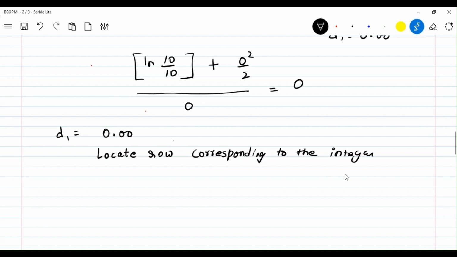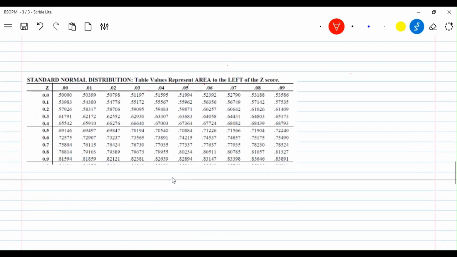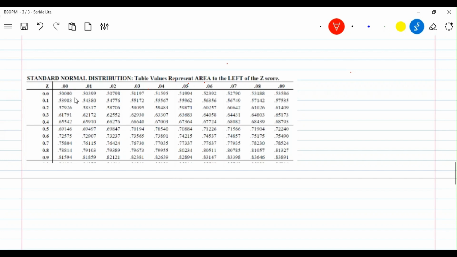Here we are going to locate this, and then we have to check for the column corresponding to the decimal place of D1. In order to make you understand more, I will directly check for this value. In a standard normal distribution table, I have to look for 0.0 for 0. What does that mean? This is just a snapshot that I have pasted.